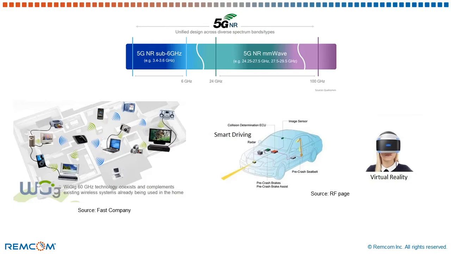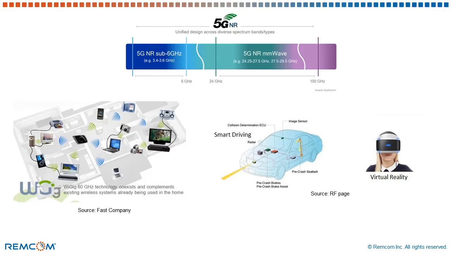Remcom's latest release of XFdtd greatly assists antenna engineers with the design of antennas for such applications with the superposition and array optimization, which expands the software's capability to streamline 5G device design and beam steering analysis.